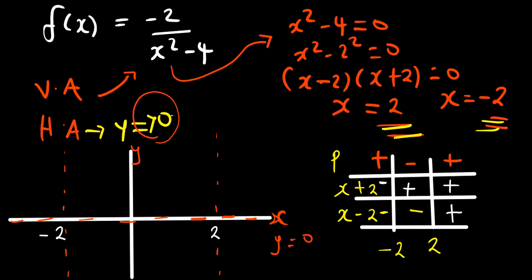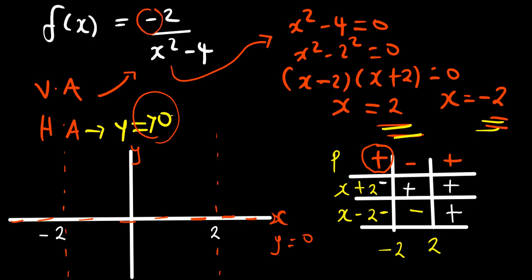Now you can see that the product in the first range, in this area, we had found that it is a positive number. But these are rational functions, they are dividing, so you're dividing this with a negative on top.